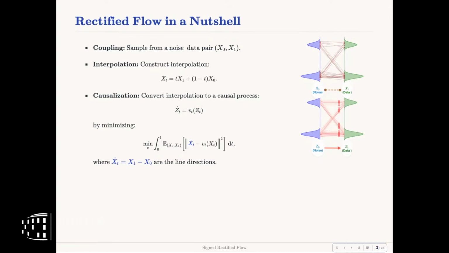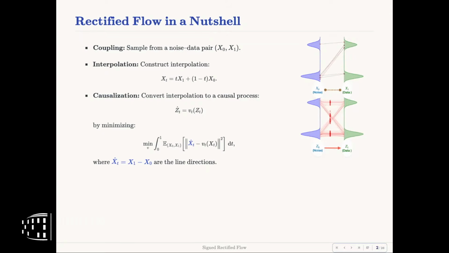And then what you do is you causalize, in some sense, this interpolation process. Because the way we build the interpolation is you get the two endpoints and connect them in the middle. It doesn't give you a causal generative model. What you can do is project this interpolation process into a causal process. This is done by simply fitting the velocity field.